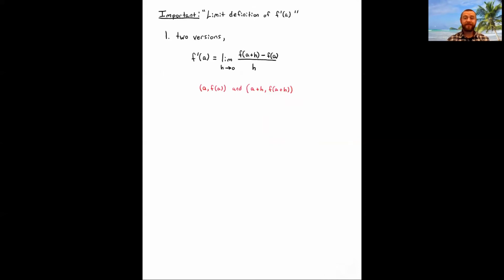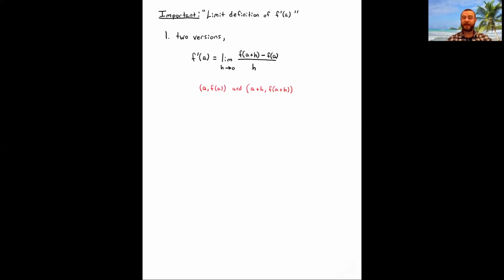Okay, now with that first example out of the way, let's give an overview. First, for what we're calling the limit definition of f prime of a, there's actually two versions for the limit definition. The one stated here is what we introduced within the introduction to calculus, and we just applied it in example 1.